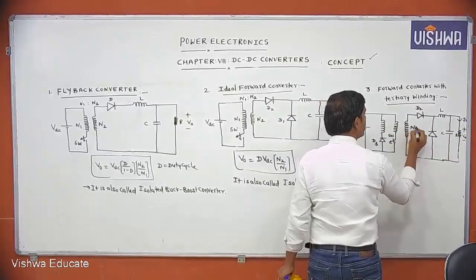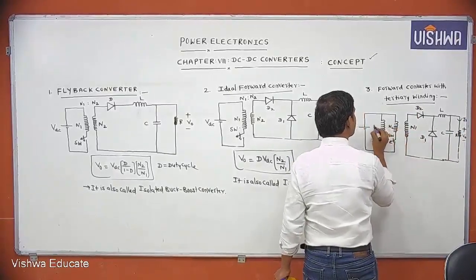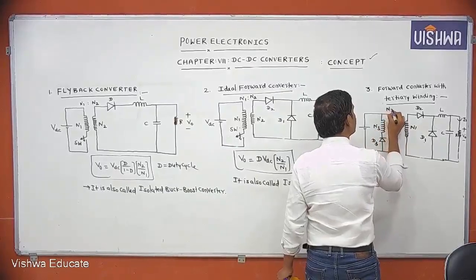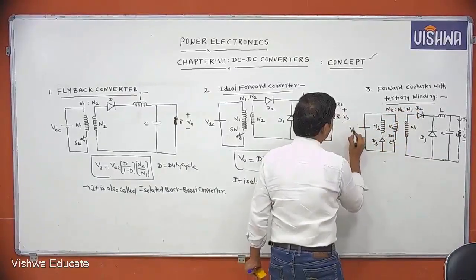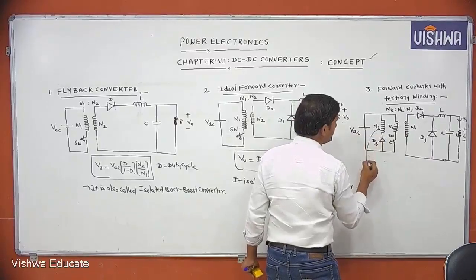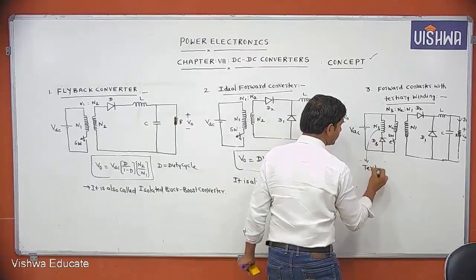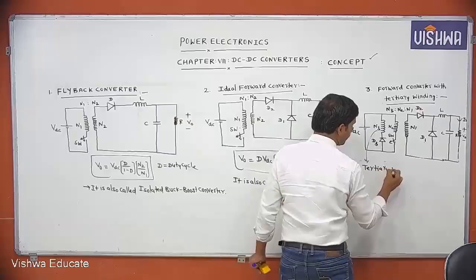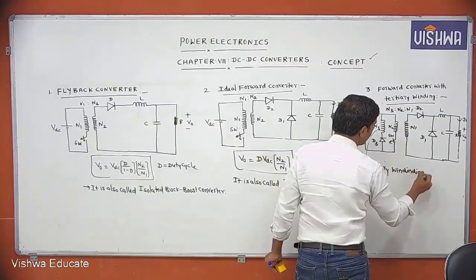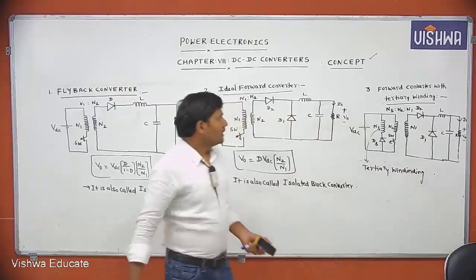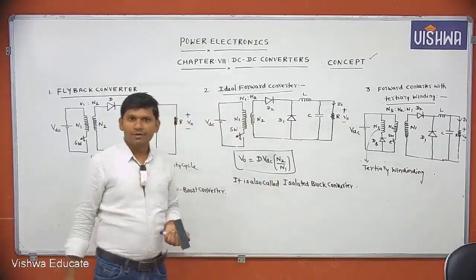This is N1 turns, this is N2 turns, this is N3, that is N3 is to N2 is to N1. The supply voltage is Vd. This winding is the tertiary winding. Okay, this is the forward converter with tertiary winding.